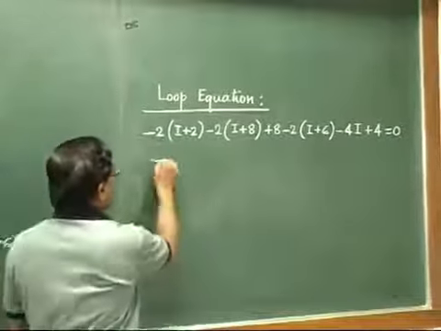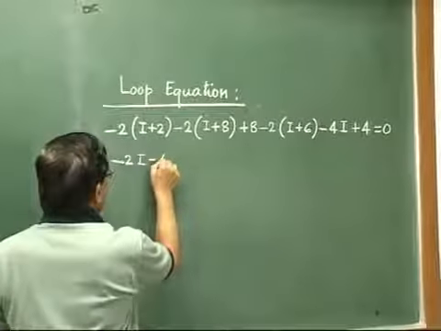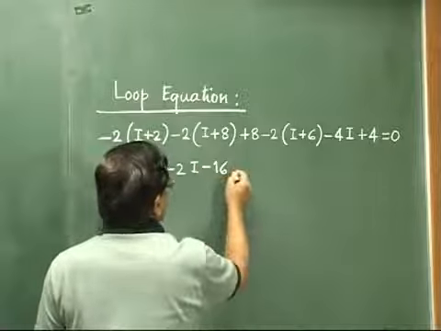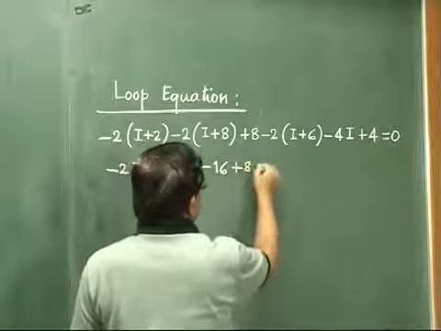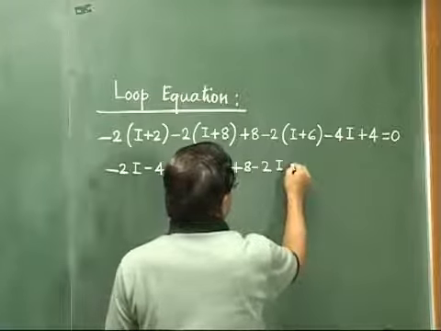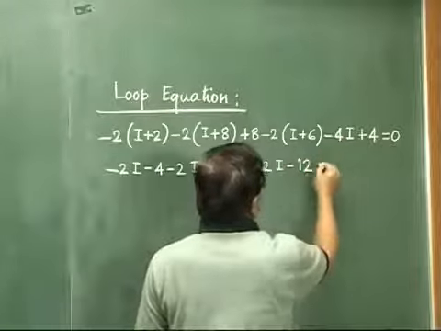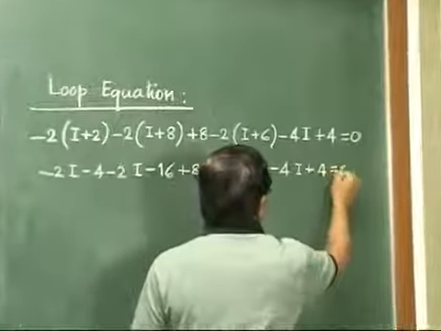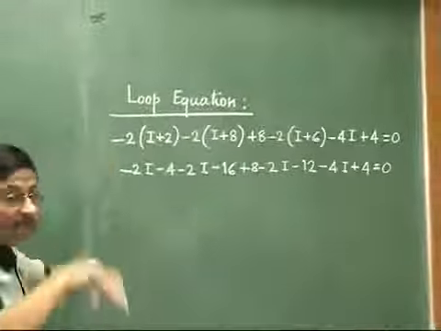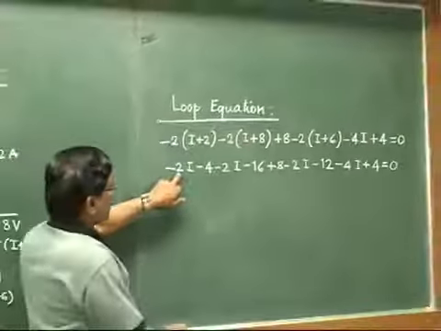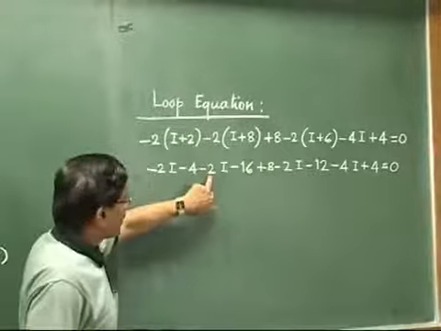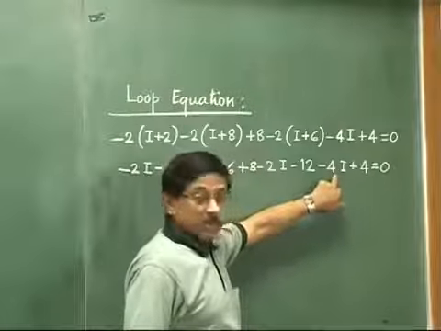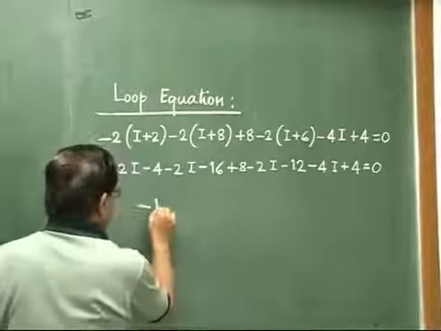Let us solve it. So minus 2I minus 4 minus 2I minus 16 plus 8 minus 2I minus 12, then minus 4I plus 4 must be equal to 0. Okay. So we are just now simplifying the things. So minus 2I minus 2I minus 2I minus 4I gives minus 10I.